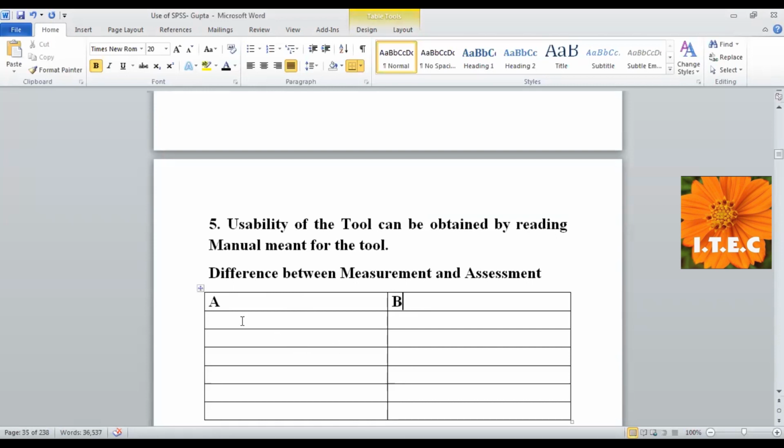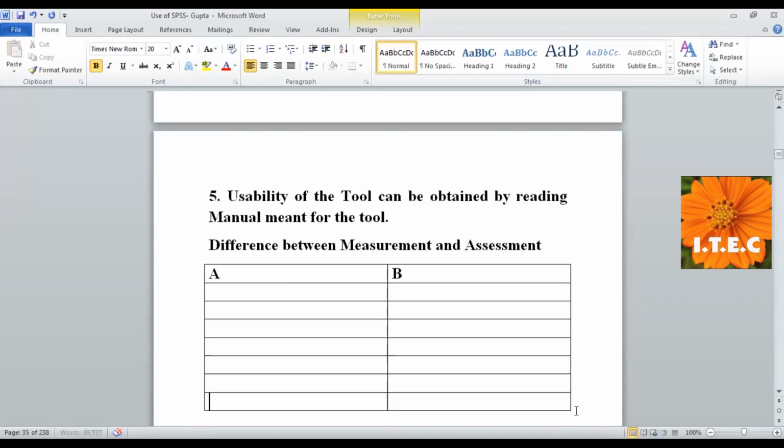I will write one variable in column A, another variable in column B. I will write another variable in column A and another variable in column B. So all variables under column A will have one peculiar characteristic, the common characteristic. So what you should do is, you should try to find out the common characteristic. Is it clear?